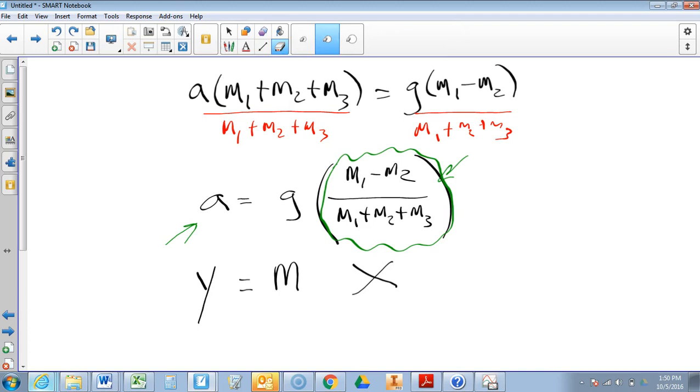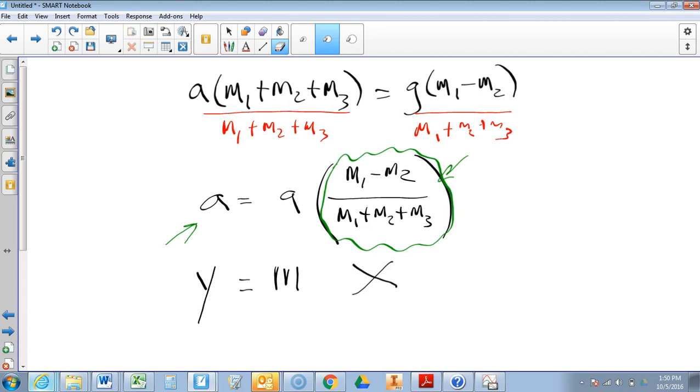Given the way I've written it right now, what is playing the role of acceleration? That's our y, right? And what's x? What's this garbage, right? Is the x. What's our slope, the way I've written it? Should be g, right? So here's the deal.